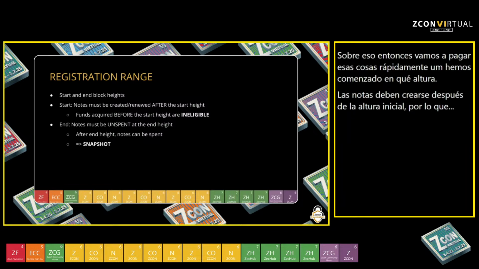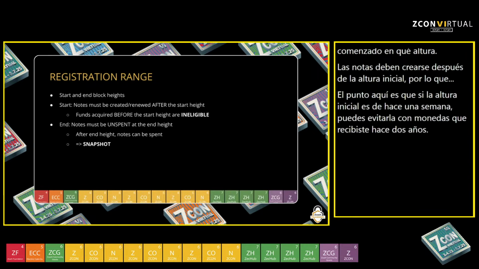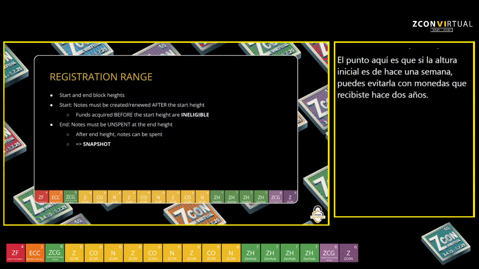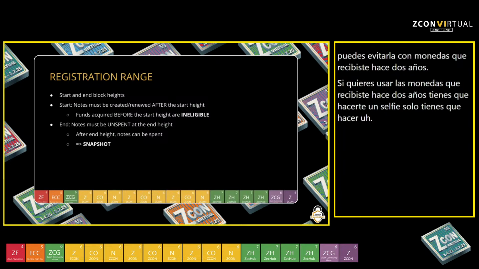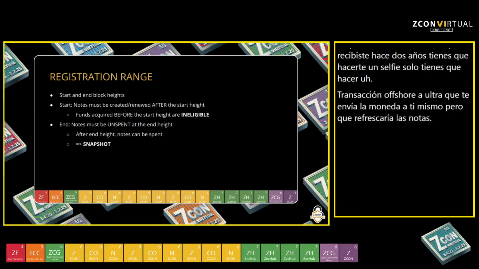If you want to use the coins that you received 2 years ago, you have to make a self-transfer. You just make an Orchard-to-Orchard transaction, which sends the coin to yourself, and that will refresh the notes. There will be new notes which are created after the start height. So this is not really a blocker, but this is something that you have to do.